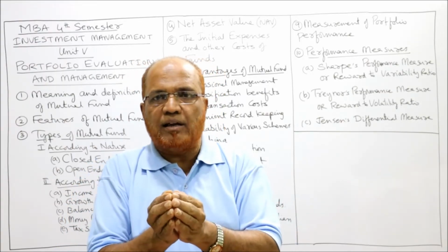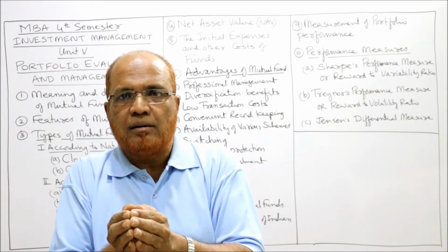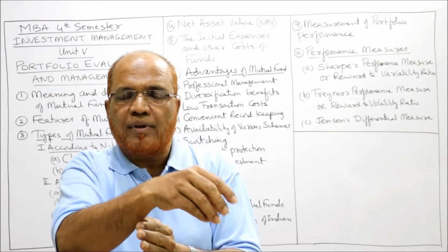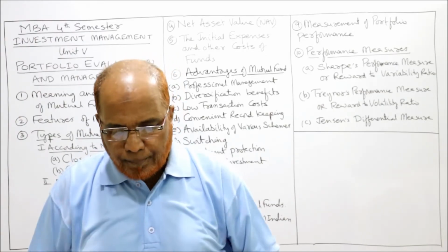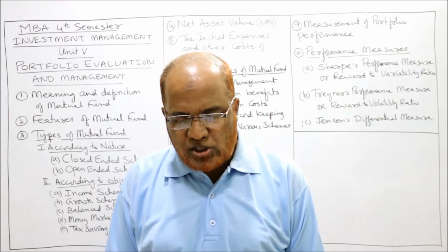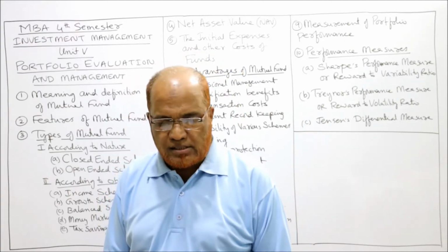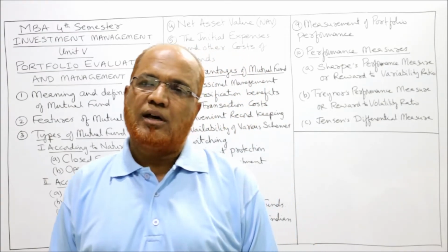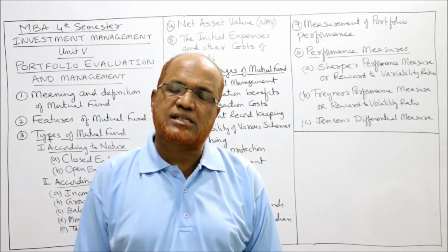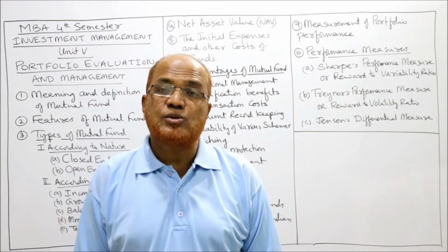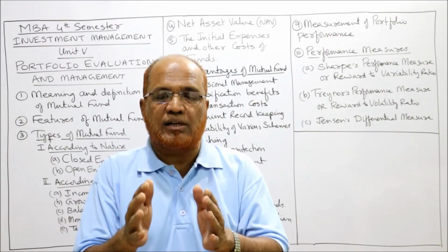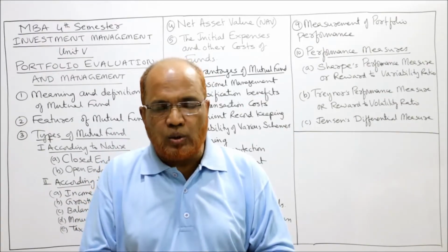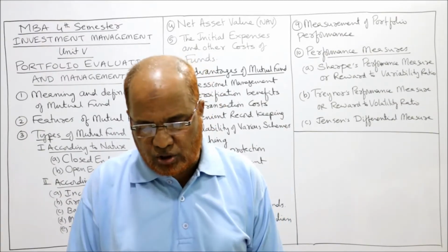So बीच में intermediary, this is the intermediary between the investors and the borrowers. So normally it is sponsored by a bank or insurance company or any financial institution. ये जो mutual fund का जो रहता है, ये trust, ये organization, it is sponsored. The mutual fund is sponsored either by a bank or insurance company or any financial institution.